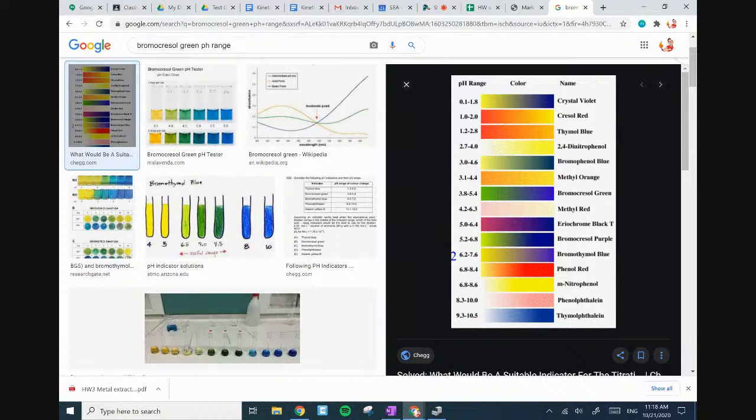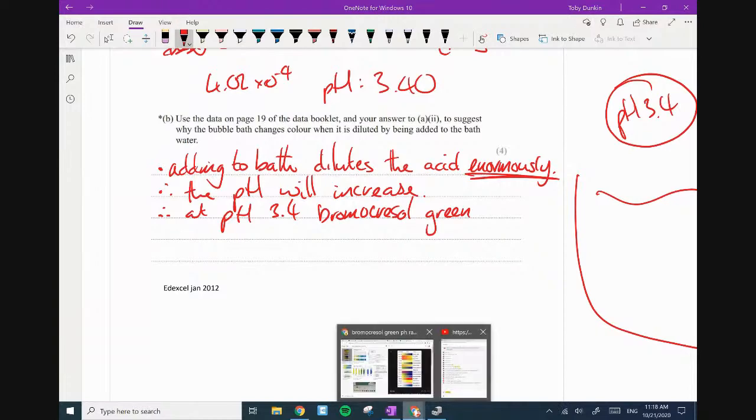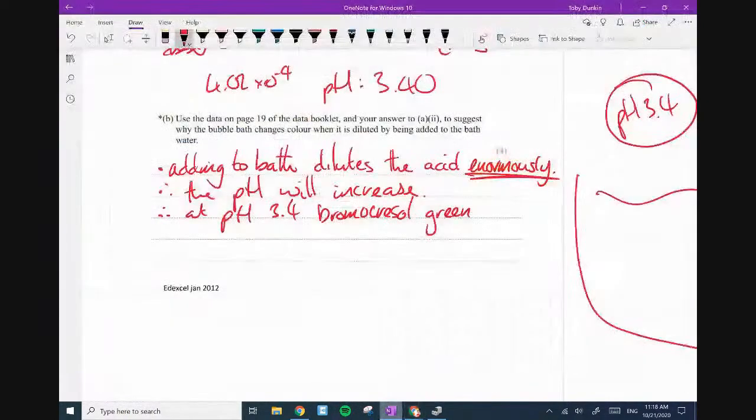So it's clearly in, at the beginning, at pH 3.4, Bromocresol Green is green. Color changes. I'm just going to check my thing. It is green.